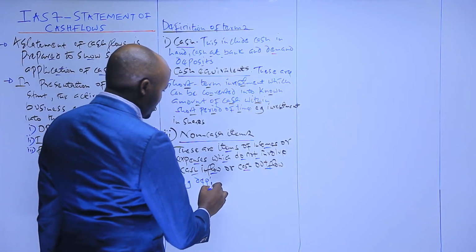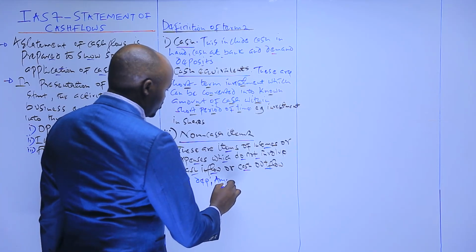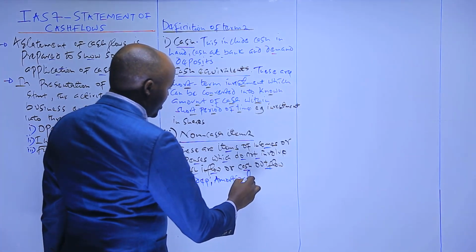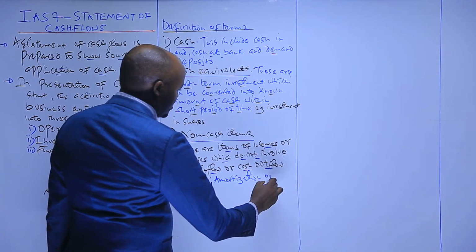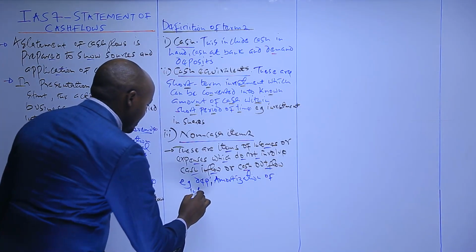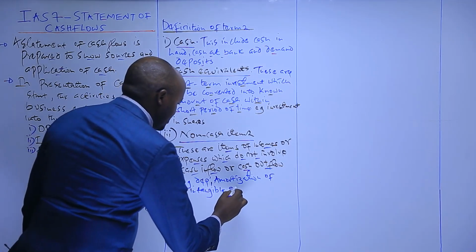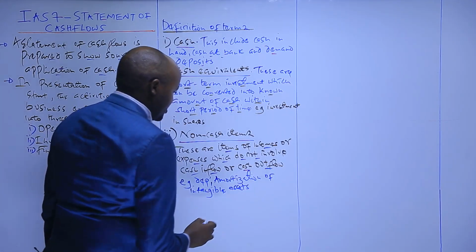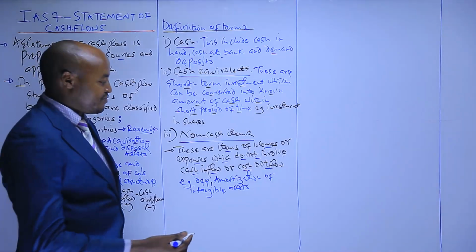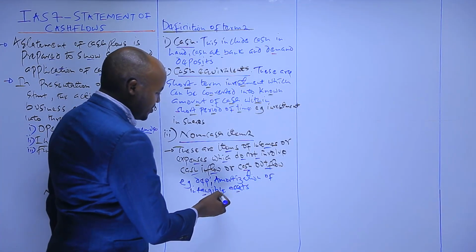Another good example is what we refer to as amortization of intangible assets, which is the amount of intangible asset which has been written off. This is equivalent to depreciation.